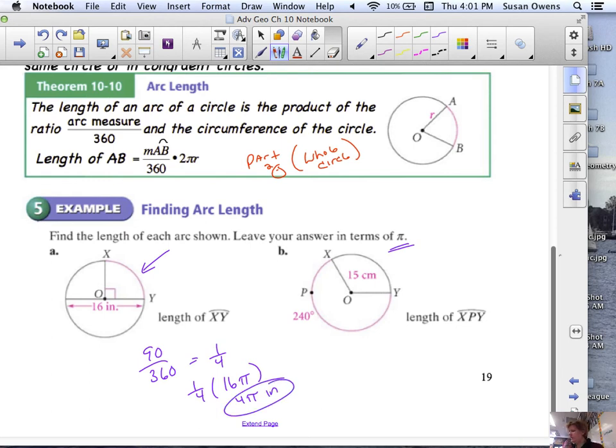Now the second one, if you notice, it's in red, so they're actually asking you for this. So they want to know what part of that is XPY, that's the major arc. So what I have is 240 out of 360, which is 2/3 of the circle.